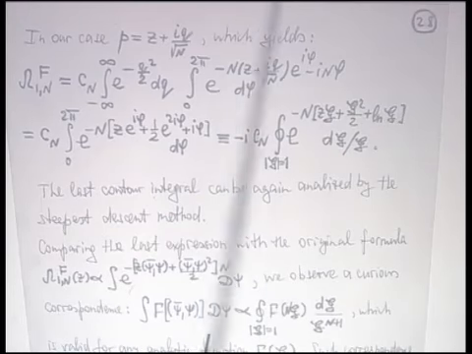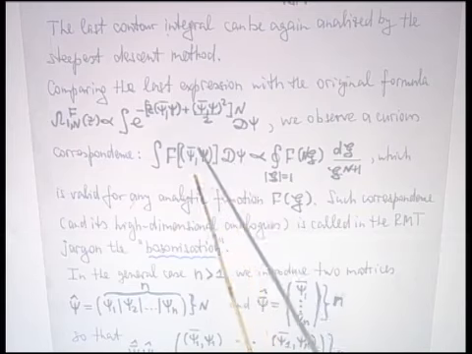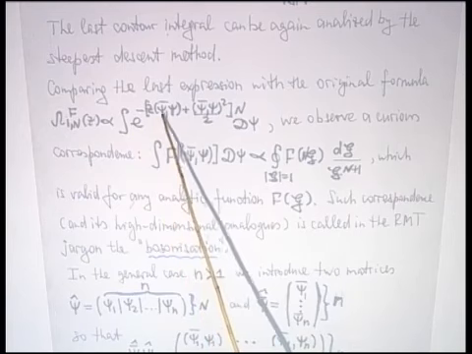In fact, comparing our original formula expressing this expectation value of the determinant in terms of our vector integration over these vectors psi and psi bar, we observe a curious correspondence. In fact, we had the exponential of z, this scalar product and this scalar product squared. And we have here first two terms just literally the same. Now, exponential of minus n log is just xi to the minus n, and divided by xi it gives you xi to the n plus 1.